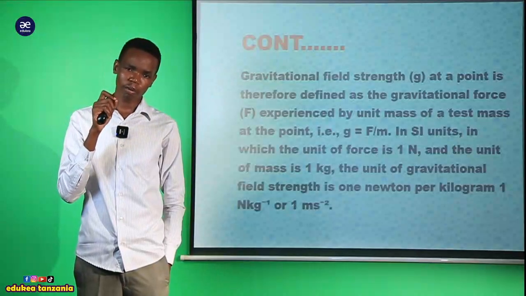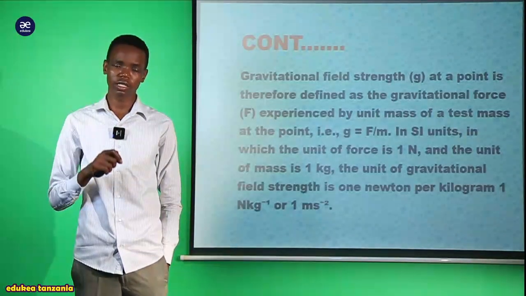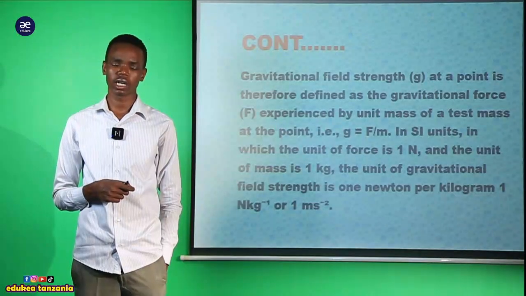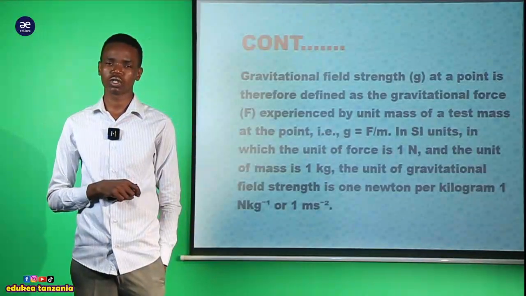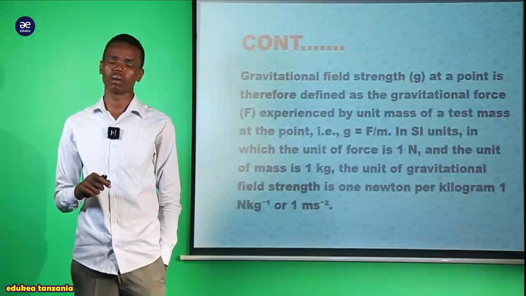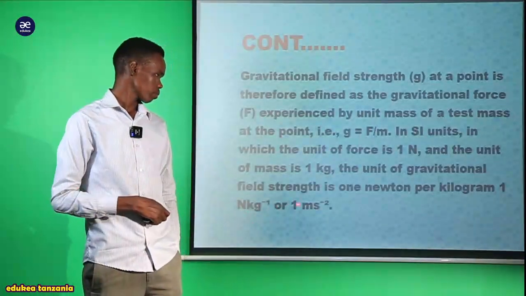The force is in Newtons, while the mass is in kilograms. Therefore, the unit of the gravitational field strength is 1 Newton per 1 kilogram, or Newton per kilogram.